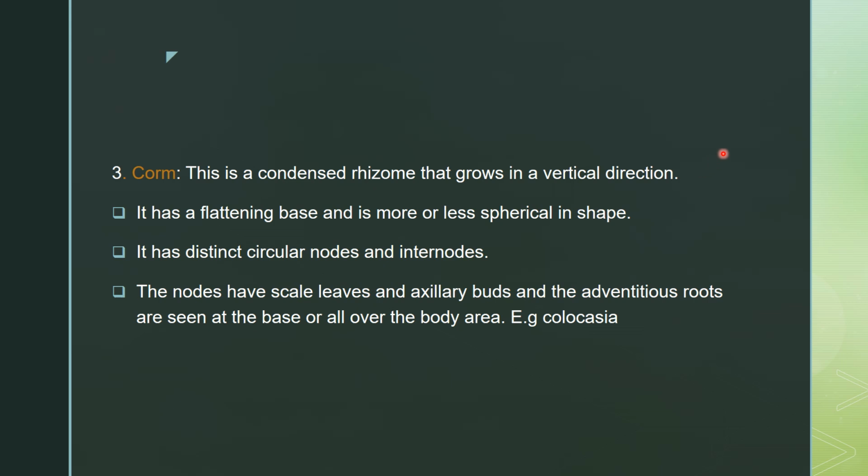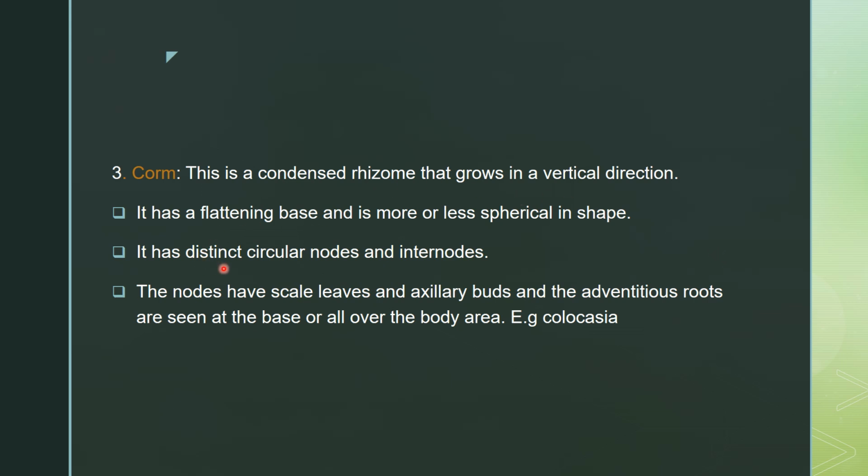The shape of the corm is like a spherical shape or like a circle. It's near to circle shape.